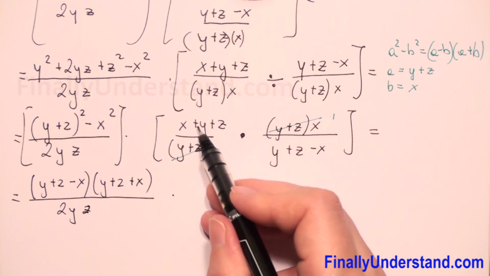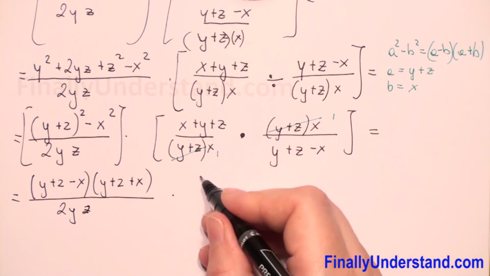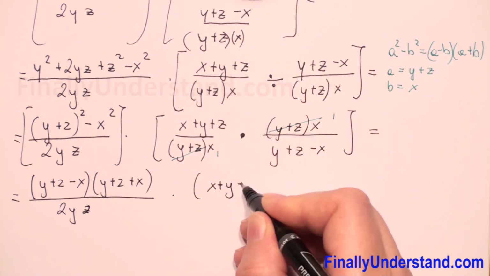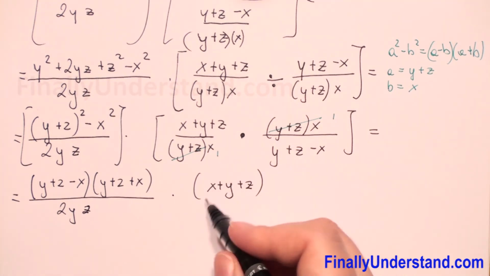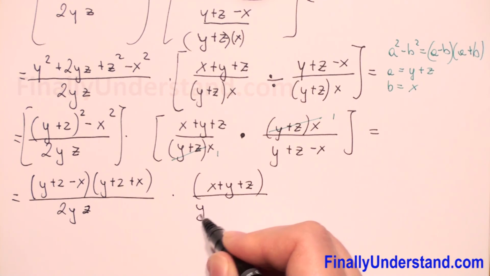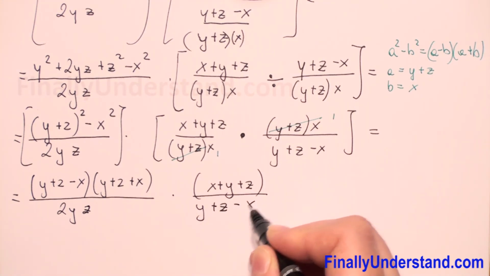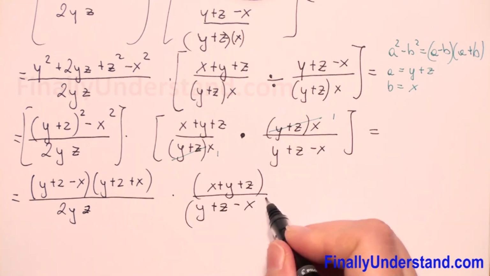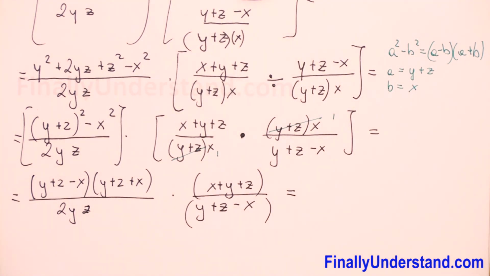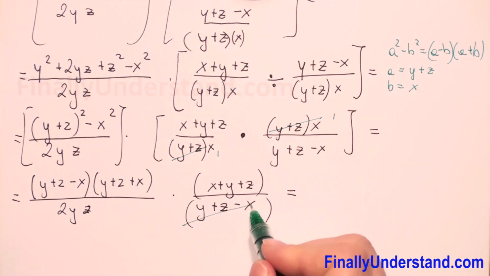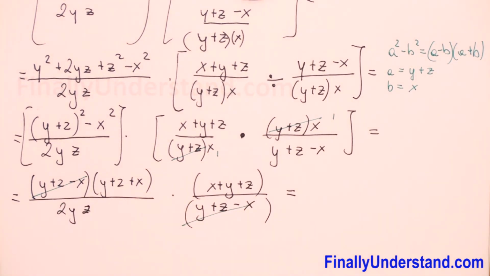and we have times this expression times 1, so it will be x plus y plus z only, and in the numerator we have 1 times y plus z minus x. So I can put this in parentheses. So this is equal. Now we have multiplication. So we can reduce y plus z minus x with y plus z minus x.